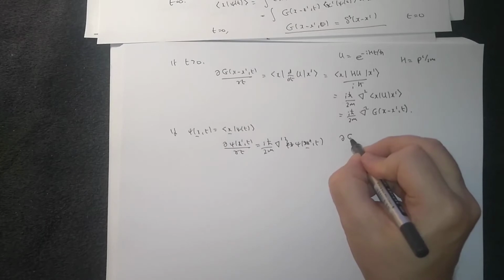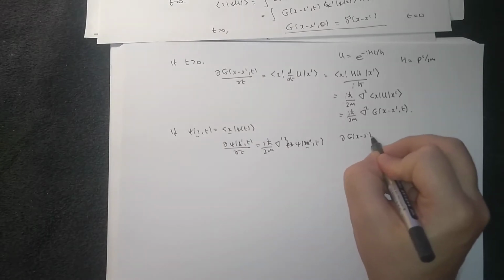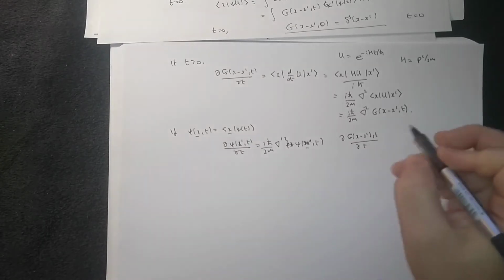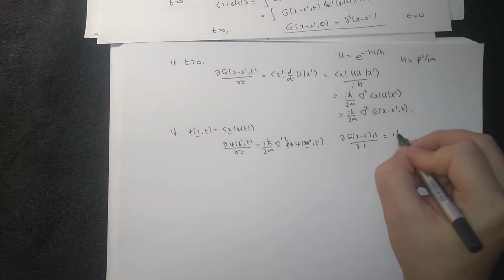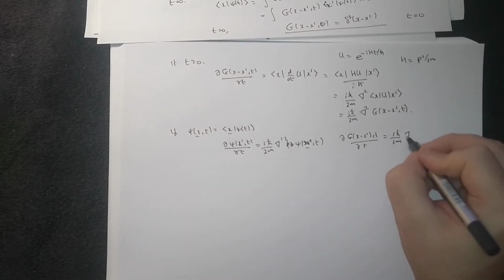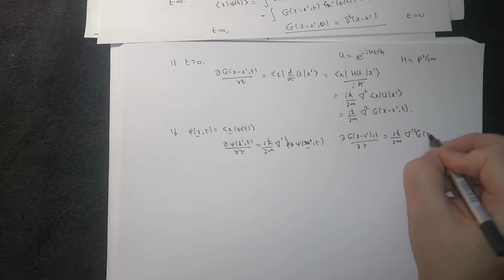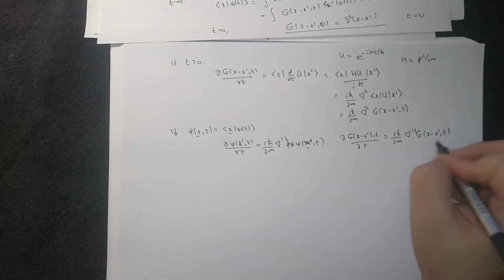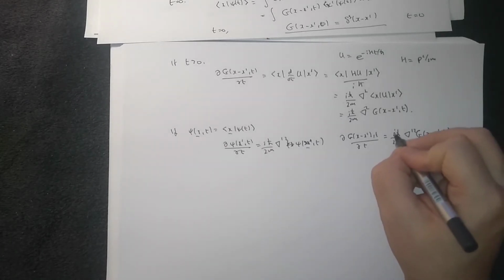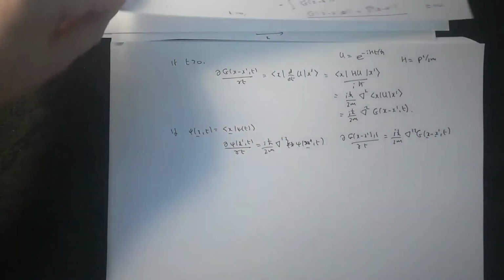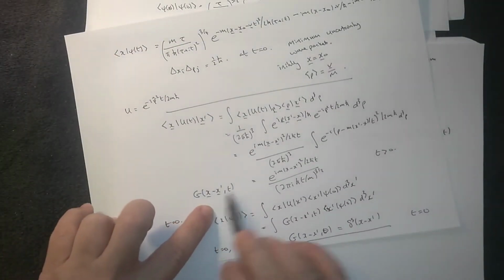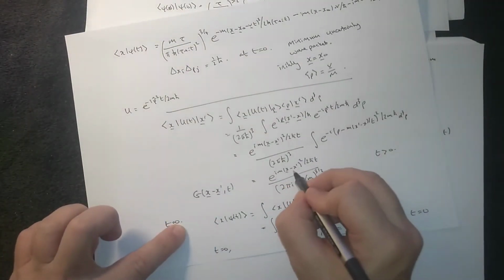The derivative of g of x minus x prime with respect to t is i h bar over 2m del prime squared g of x minus x prime. I'm using the fact that this is even in x minus x prime.